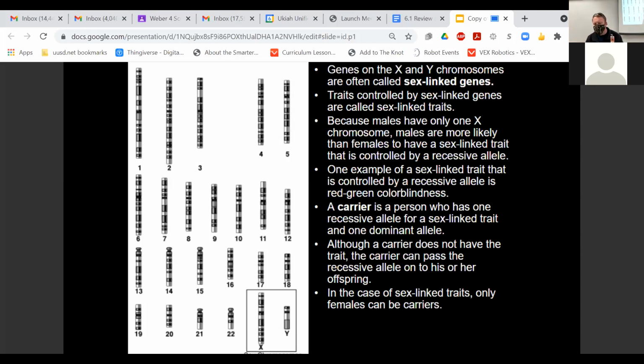One example of a sex-linked recessive allele trait is red-green color blindness. This doesn't mean every guy has red-green color blindness. It has nothing to do with that. It's just more common in males. A carrier is a person who has one recessive allele for a sex-linked trait and one dominant allele.